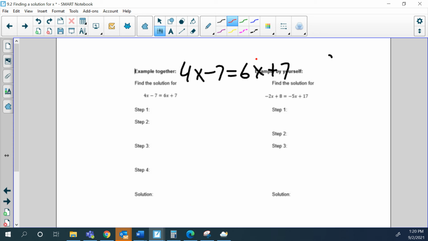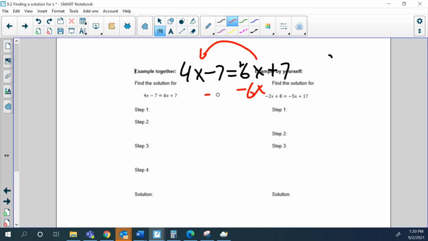So I need to get this 6x on this side of the equation. So to do that, if you notice, this is a plus 6 right here. To undo a plus 6, I'm going to have a minus 6 right here. But remember, what I do to the right side, I must do to the left side.